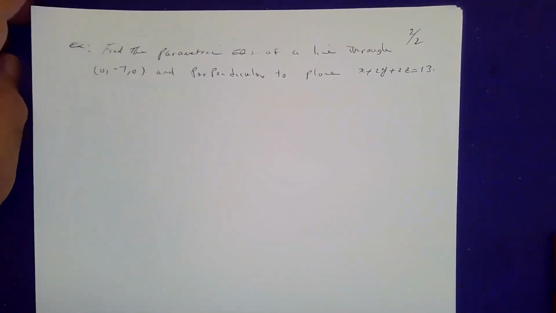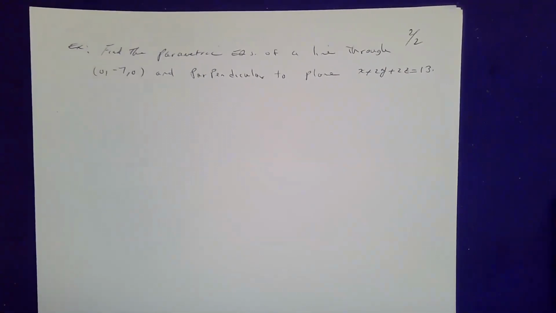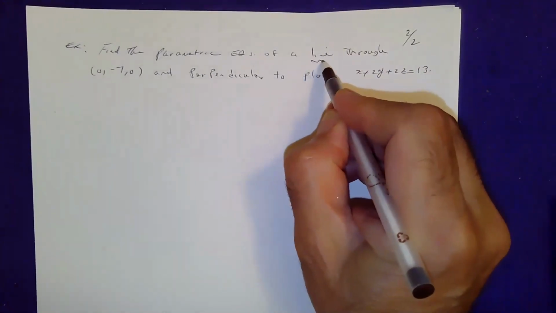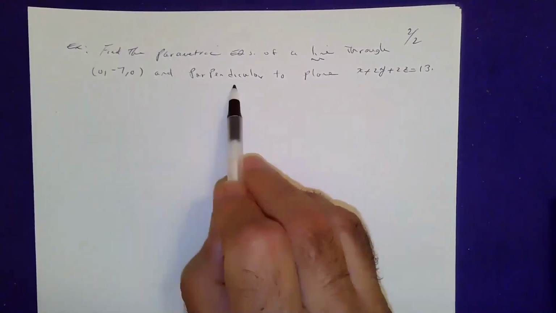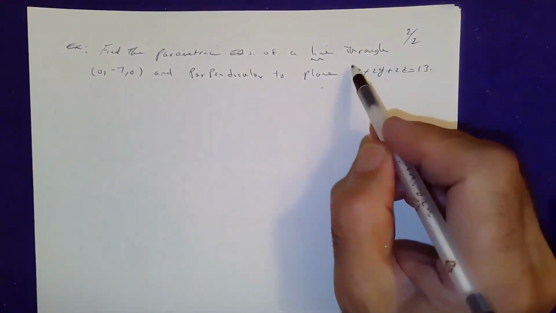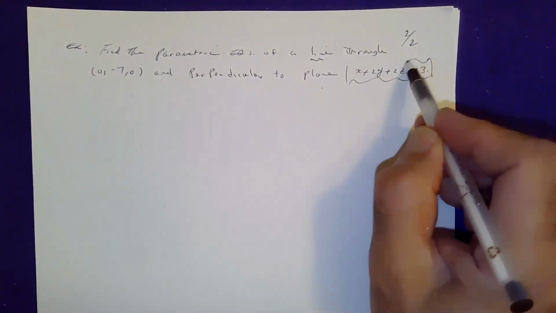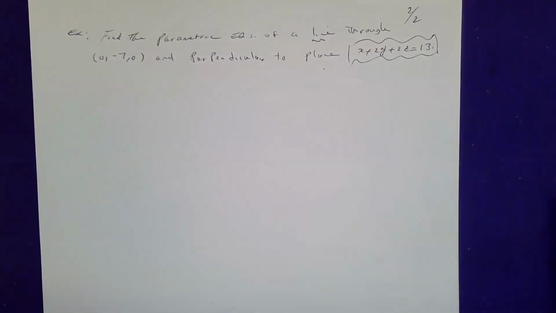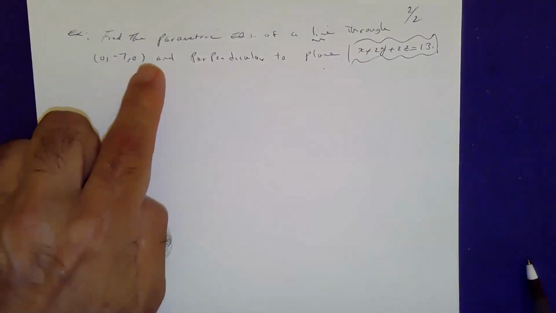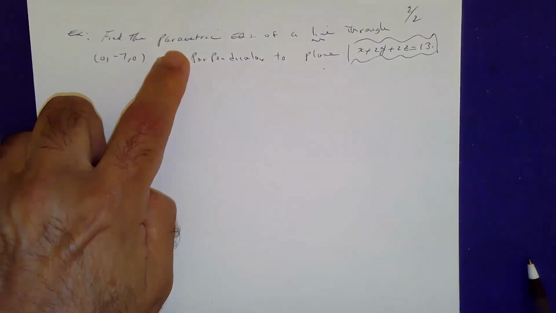Find the parametric equation of a line through this point, which is perpendicular to this plane. So we are trying to write the parametric equation of a line.